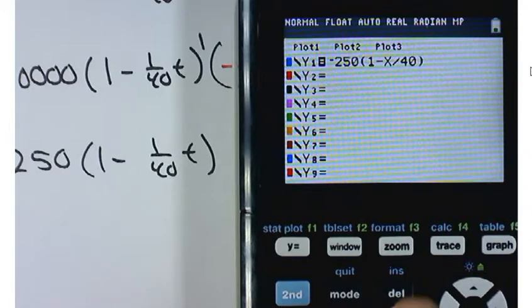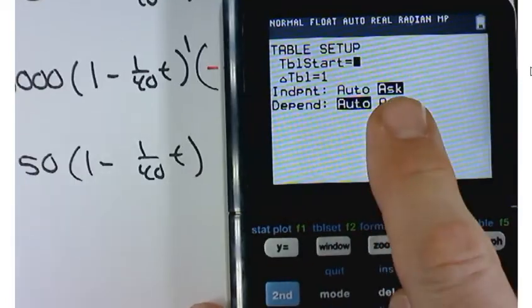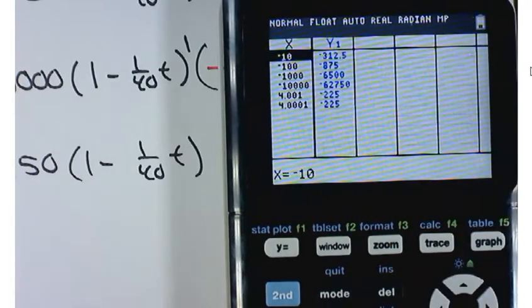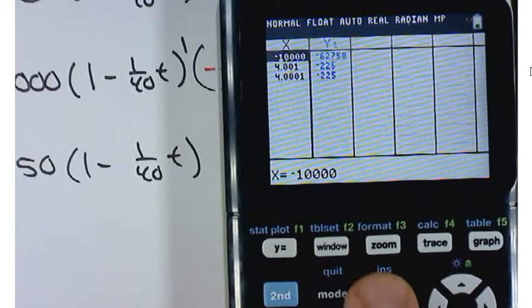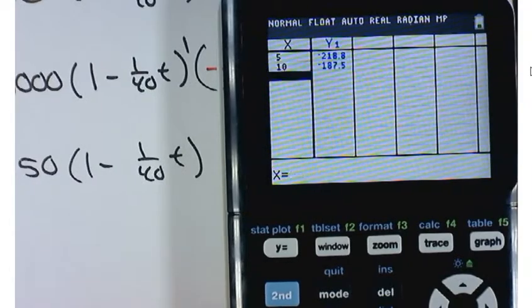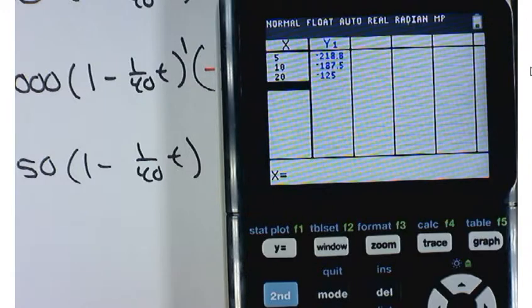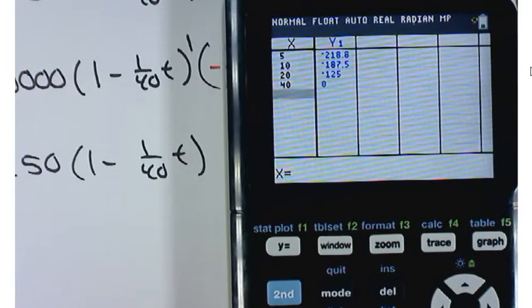Now hopefully you have your table set up correctly. In the second table set, you should have the independent set to ask. Then you just go right to the table. Delete all the values there and type in the ones that you need. 5, 10, or was it 20 and 40? Yeah, 20 and 40. Of course, at 40, I don't expect anything left.